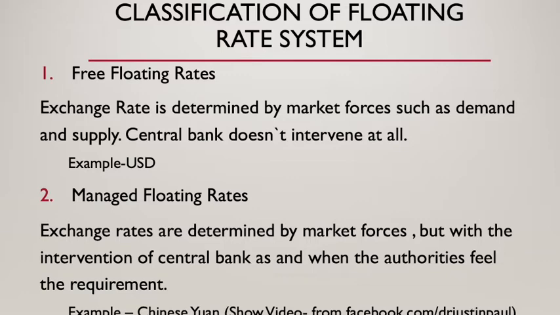Let's say they don't want to see the Chinese yuan depreciating beyond the limit that they like. In that case, the People's Bank of China can intervene in the market and temporarily fix the exchange rate whenever they feel there is a requirement to intervene.